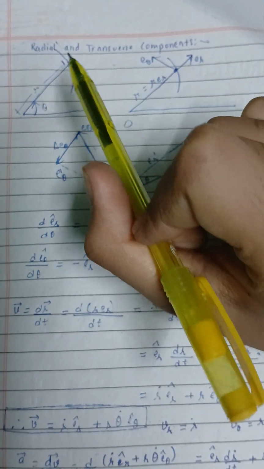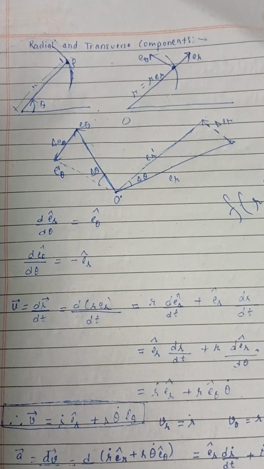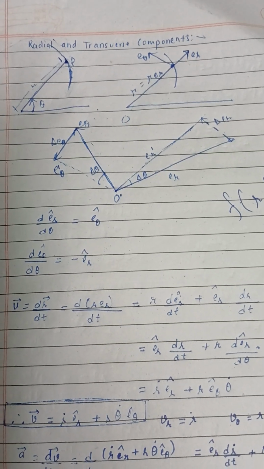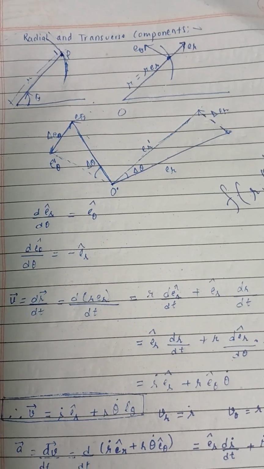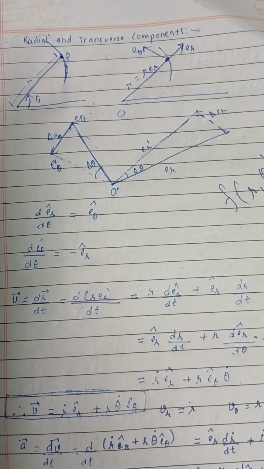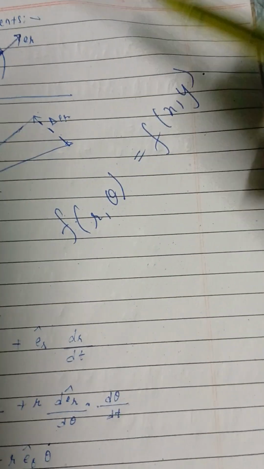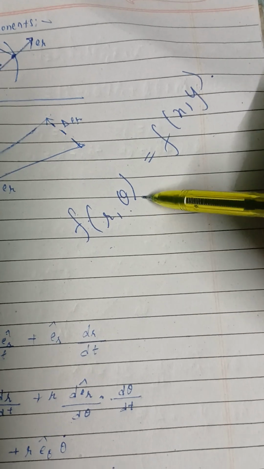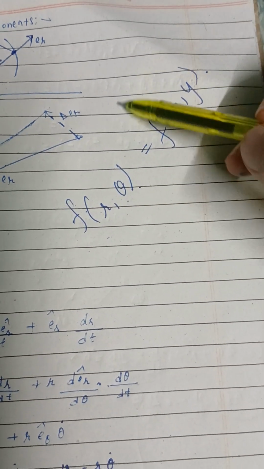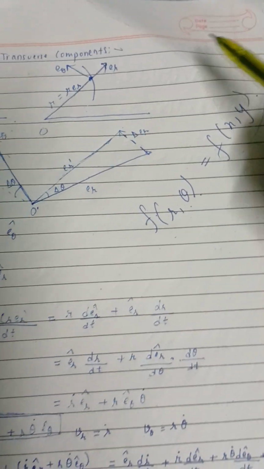We mostly use radial and transverse components to define velocity and acceleration for particles which follow the polar coordinate system, which is in function of r and theta and not in the usual Cartesian system.